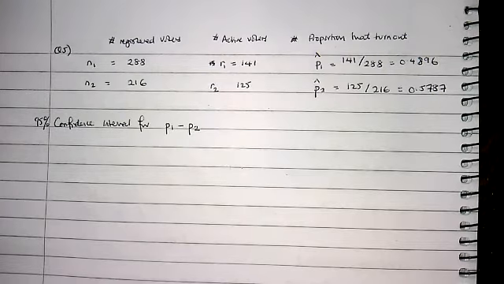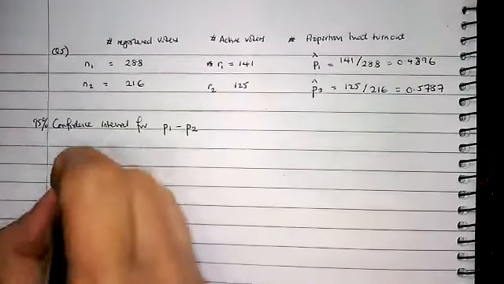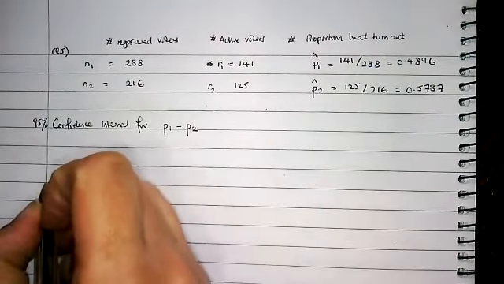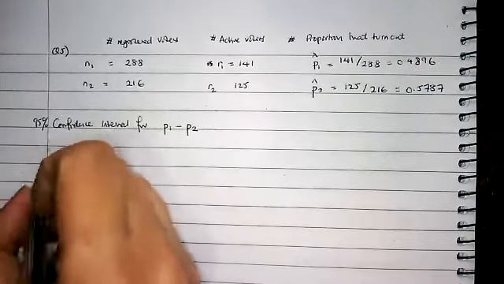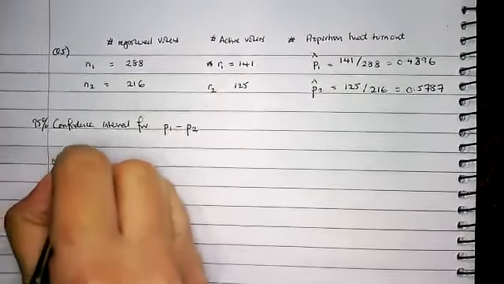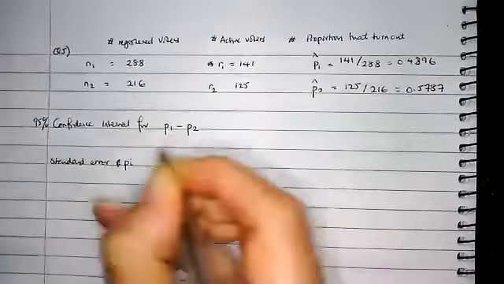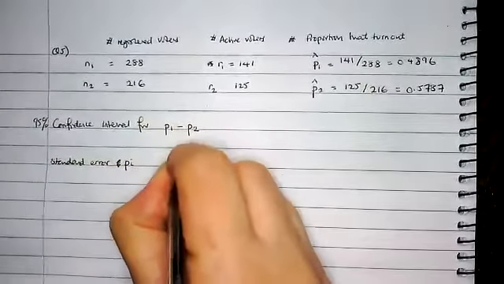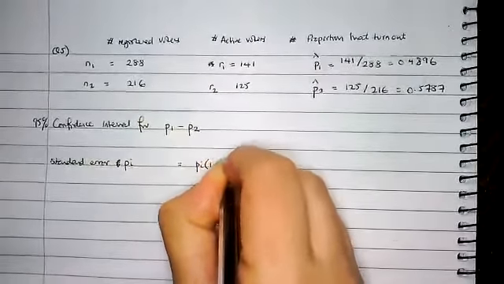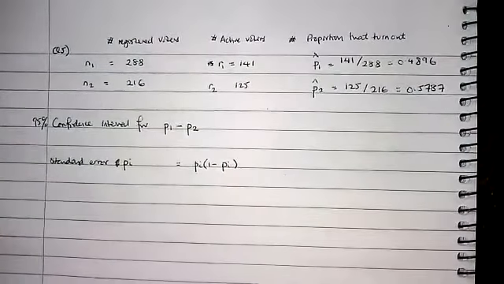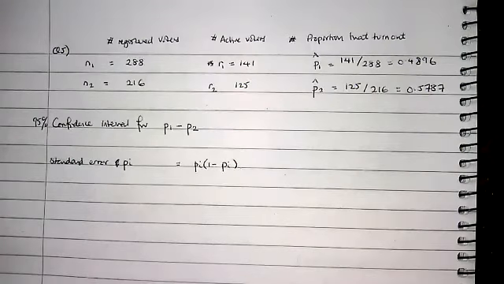So we're going to want to incorporate in there in some way the standard error of pi, which is equal to pi times 1 minus pi, which is definitely a kind of an estimate for the variance of the number of people in the sample that are actively voting.